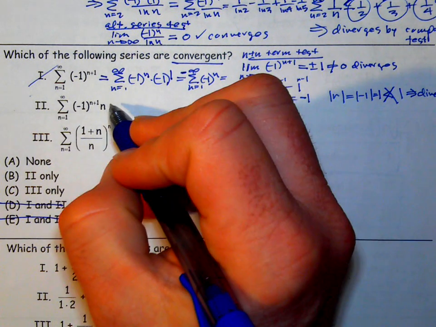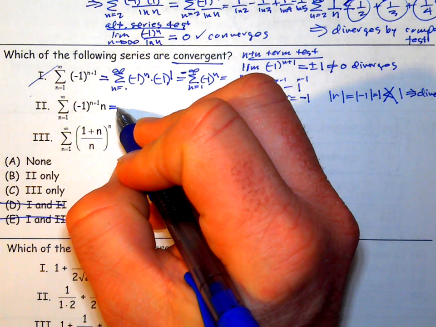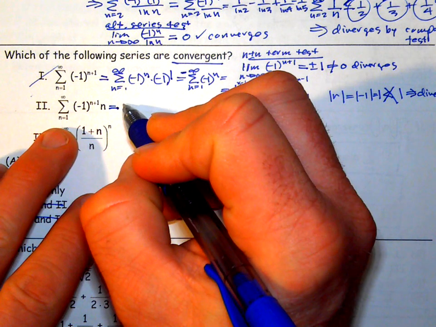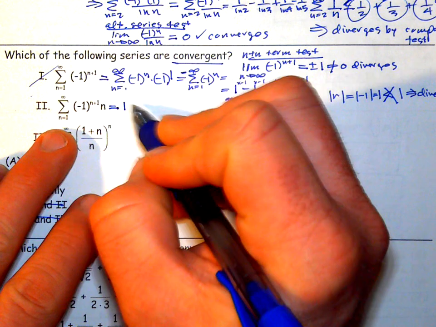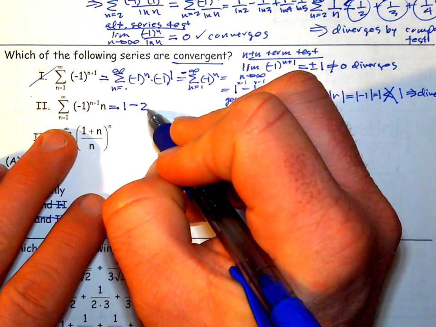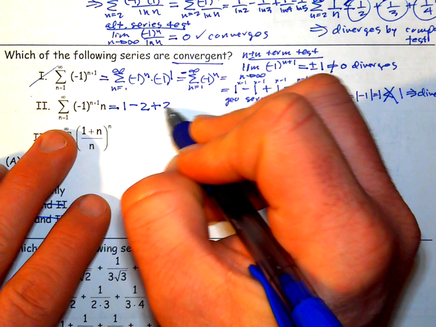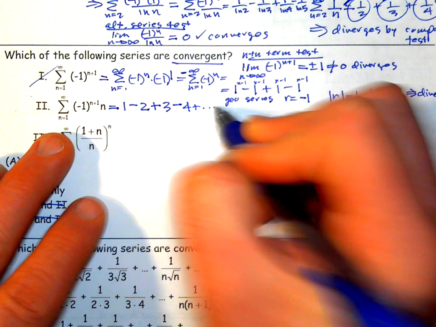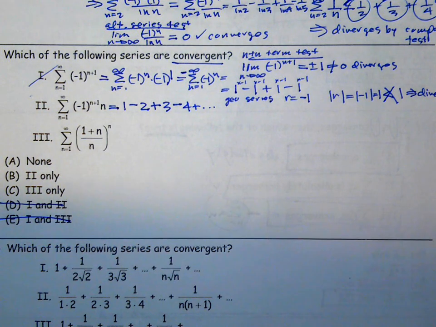This one, you could start writing the terms out. It's going to be +1 times 1, and then when n equals 2, that's going to be -2, and when n equals 3, it's going to be +3, and when n equals 4, it's going to be -4. It's alternating, but the terms are getting bigger.